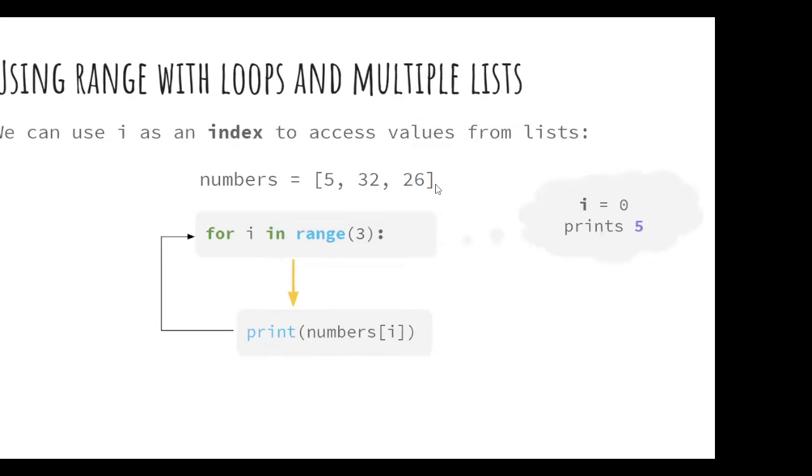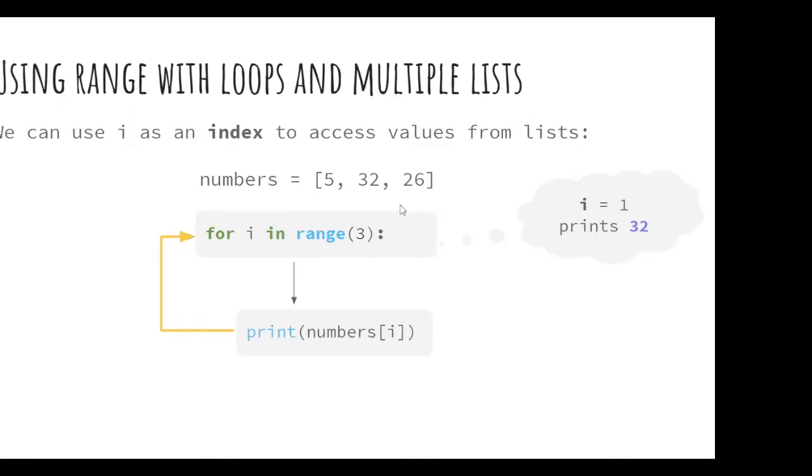Okay, so as you can see, first we have I equals to 0. It prints 5 because that is the 0 index or the first value. And then we repeat it again, and at that time, the value of I becomes 1 and we print 32 over here. Okay. Next, we continue for the third time.